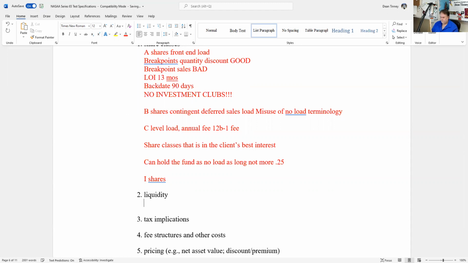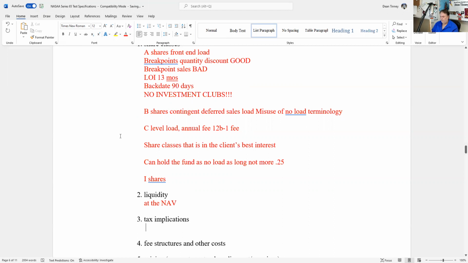So we said that one of the disadvantages of a mutual fund is you lose tax control of your investments. What we mean by that is you don't decide when to buy or sell.